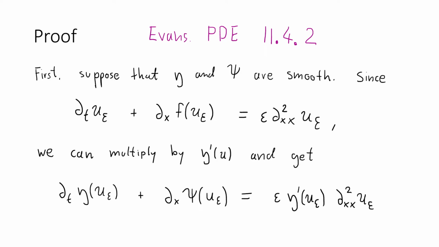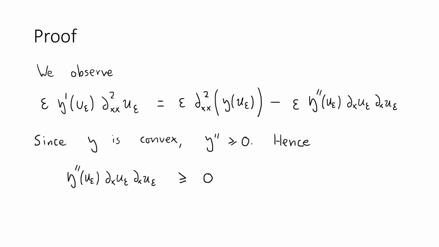Let's take a closer look at the term on the right-hand side. We observe the following: ε times η'(u^ε) times the second x derivative of u^ε equals ε times the second x derivative of the entropy η(u^ε) minus ε times η''(u^ε) times ∂x u^ε times ∂x u^ε. This is just an application of the product rule.